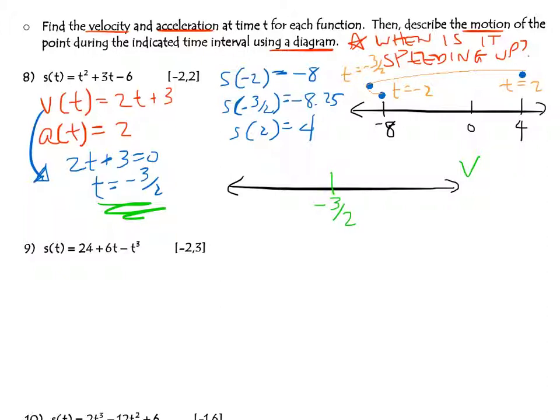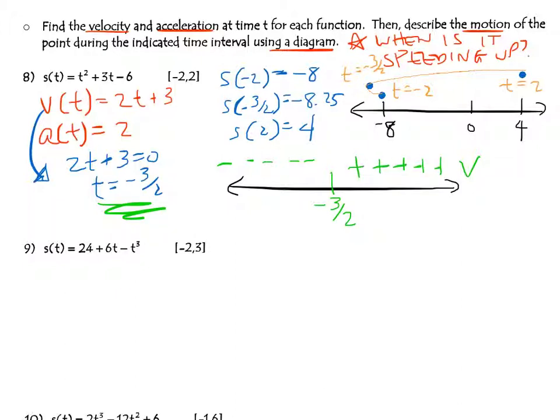And velocity, if we look at a number to the left of that, like -2, if we put -2 in here to our velocity equation for t, then we're going to end up getting a negative number out. If we put 0 in for t, we're going to get a positive number out.